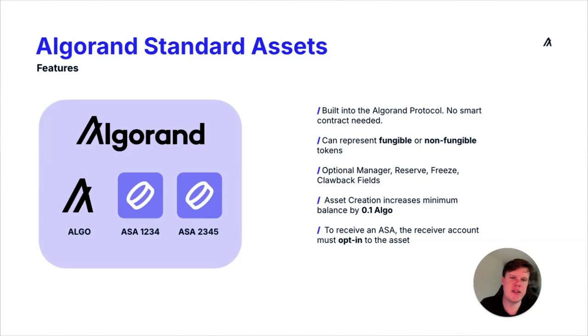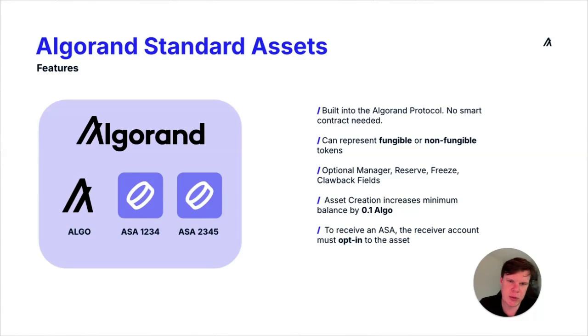Let's break down some of the features of ASAs in a bit more detail. Like I mentioned, they're built directly into the Algorand protocol, so no smart contracts needed. You can create both fungible tokens like currencies and non-fungible tokens like NFTs. And ASAs also come with optional fields like the manager, reserve, freeze, and clawback fields. And what these let you do is really allow you to control how the ASA is managed.